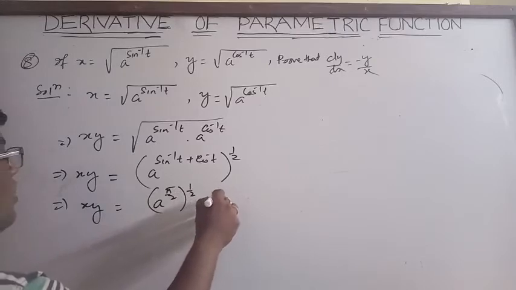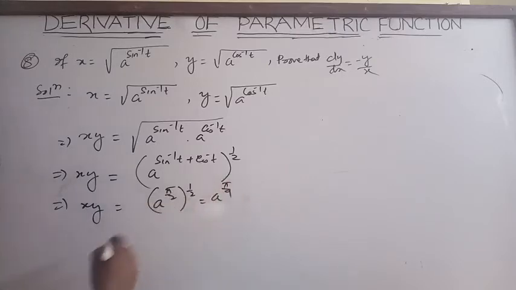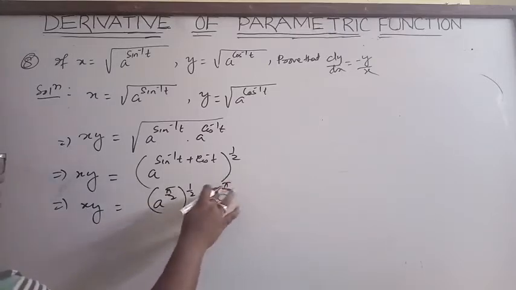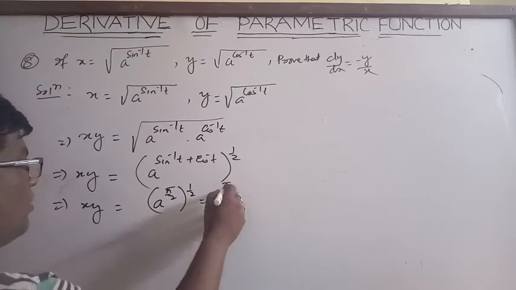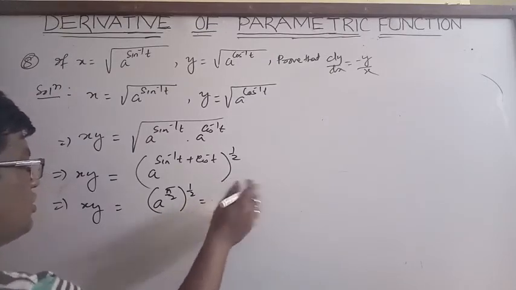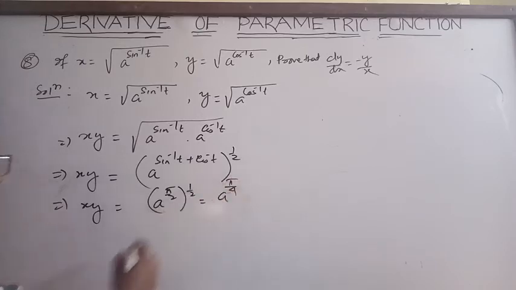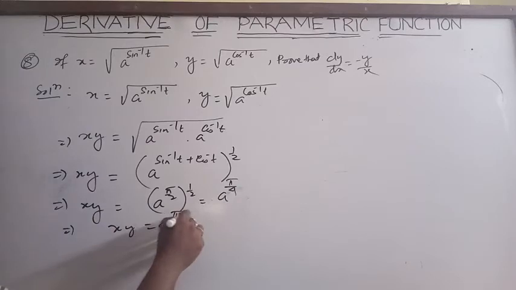This is equal to a to the power pi by 4. So xy is equal to a to the power pi by 4.